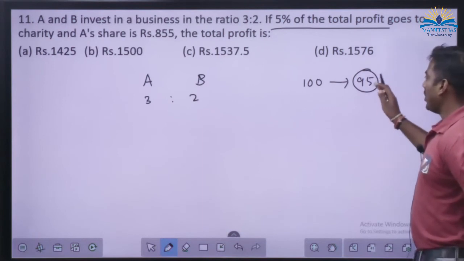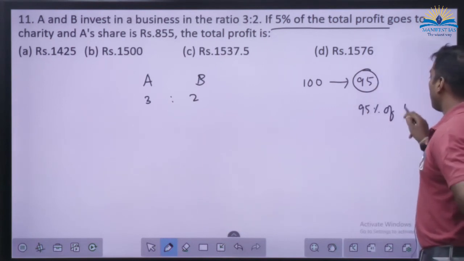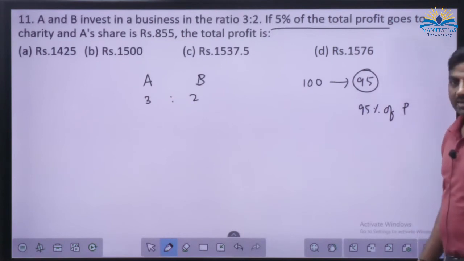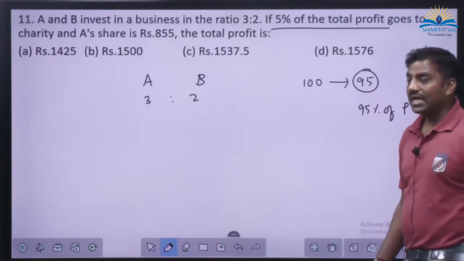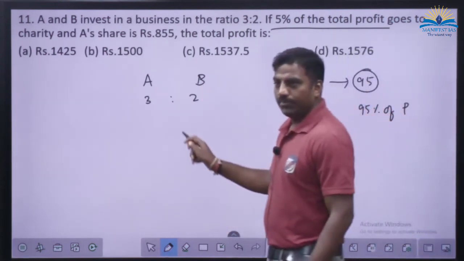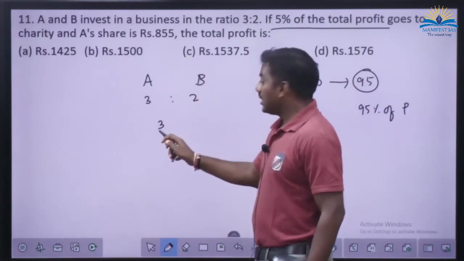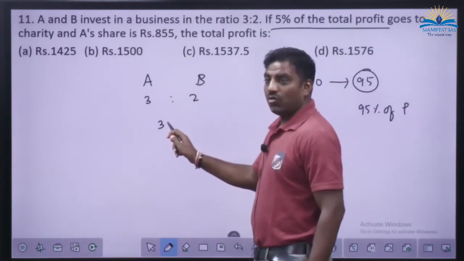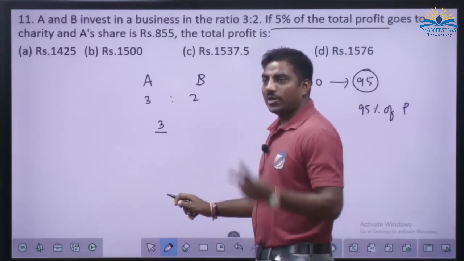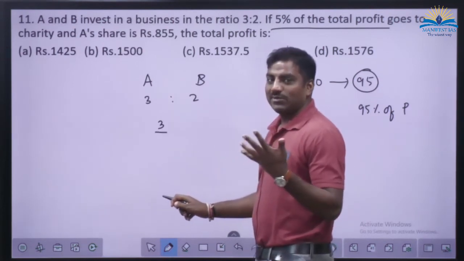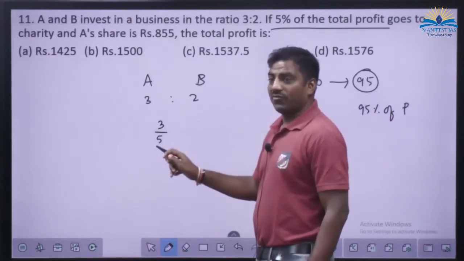So 95% of the total profit is shareable, right? The shareable profit is 95% of the profit. In that, what is the profit of A? 855, but what fraction is the A share? 3/2 or 3/5? Never make that mistake of 3/2. So 3/5 of the shareable profit.